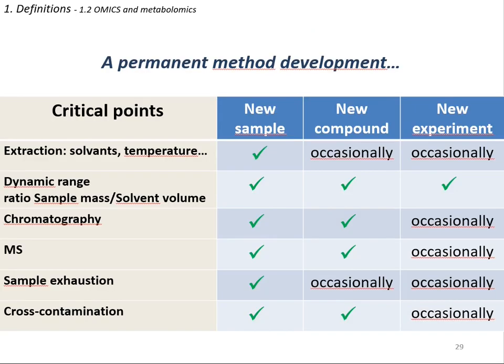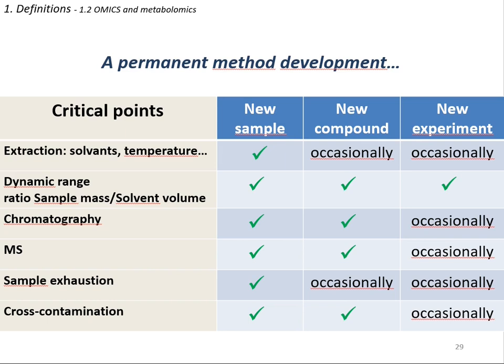It is critical also to consider that metabolomics is a permanent method development. You are never done with one method that is okay forever. And if you just change your sample, or if you just want to add new compounds to your profiling, or if you want to improve the separation of a metabolite or another, you will have to make a method development.